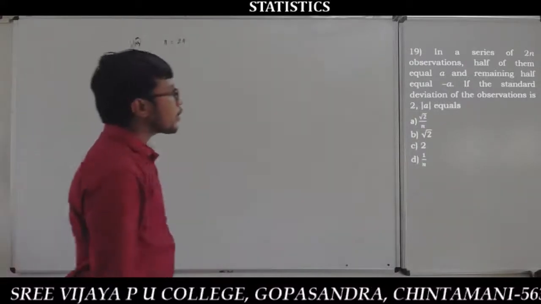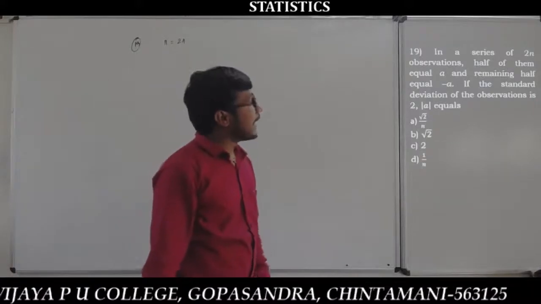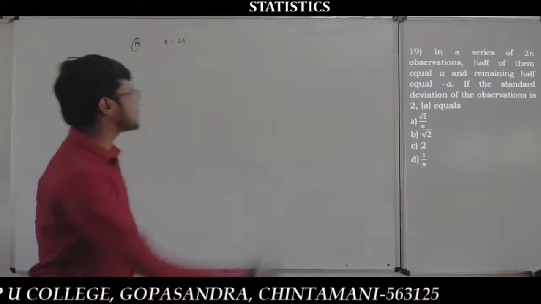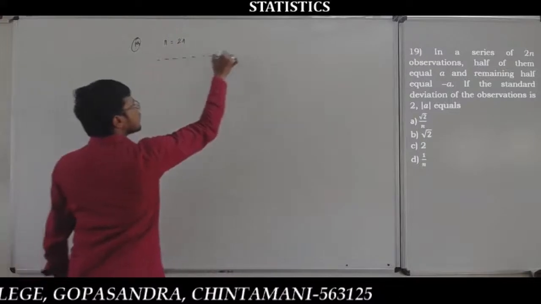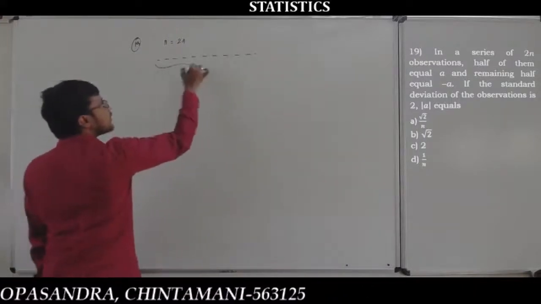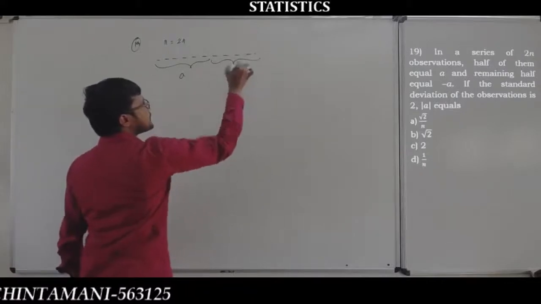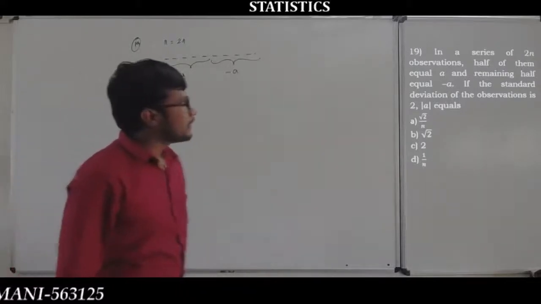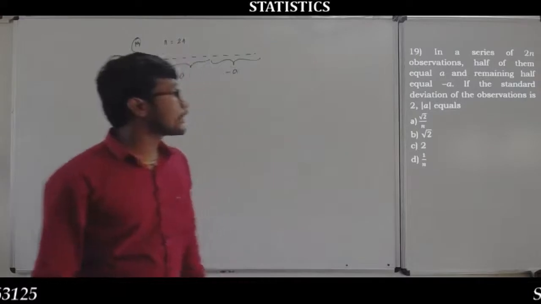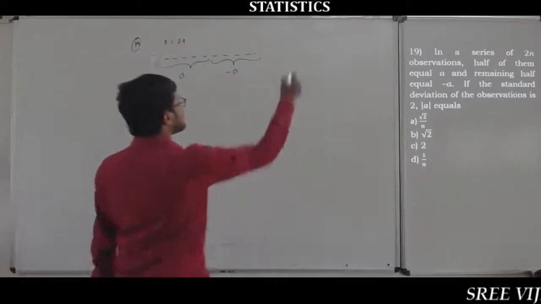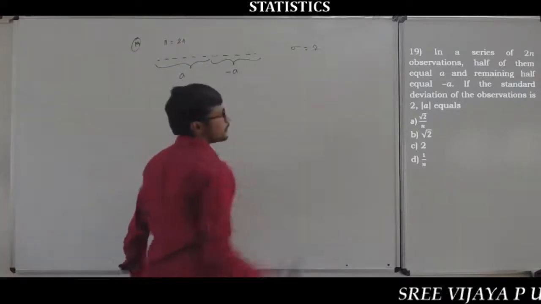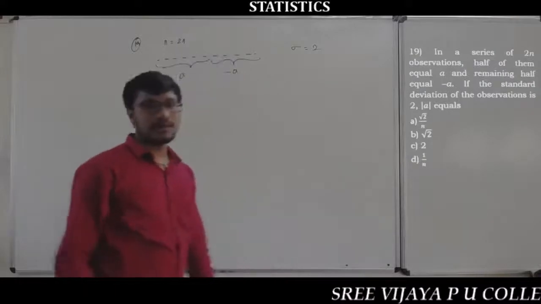In that, half of them equal A and the remaining half equal minus A. Suppose there are 2n observations. In that, half the observations will be equal to A and half the observations will be equal to minus A. If the standard deviation of the observations is 2, then modulus of A equals to.